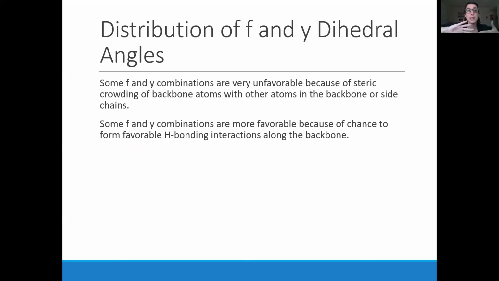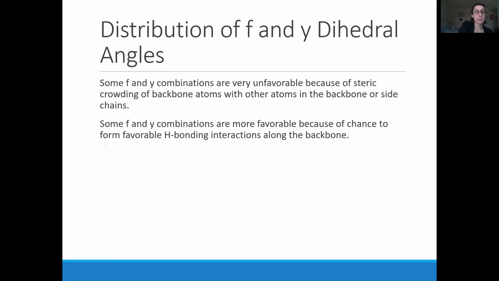So some of the combinations of the phi and psi angles are unfavorable, and that's because of what we call steric crowding. Too many large, bulky molecules near each other. They're crowding the backbone atoms and the side chains. And some of the combinations are very favorable because they allow for more hydrogen bonding interactions to occur.